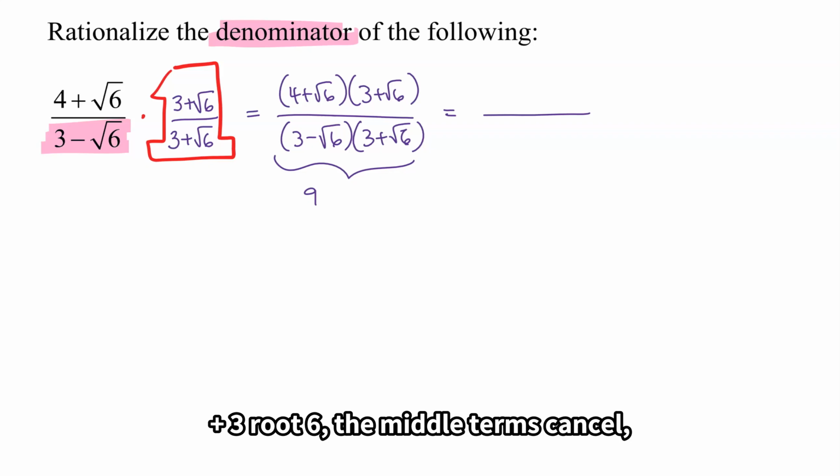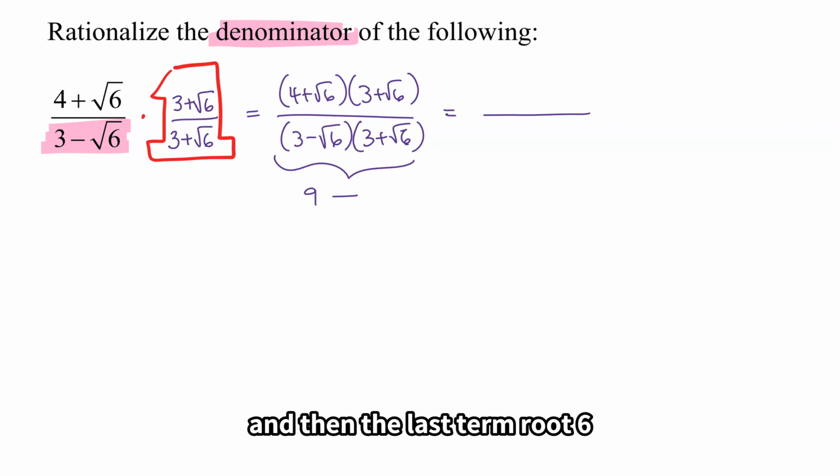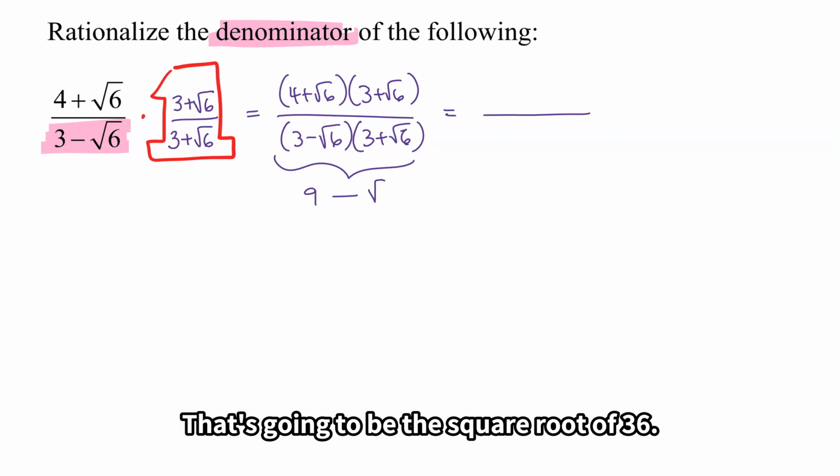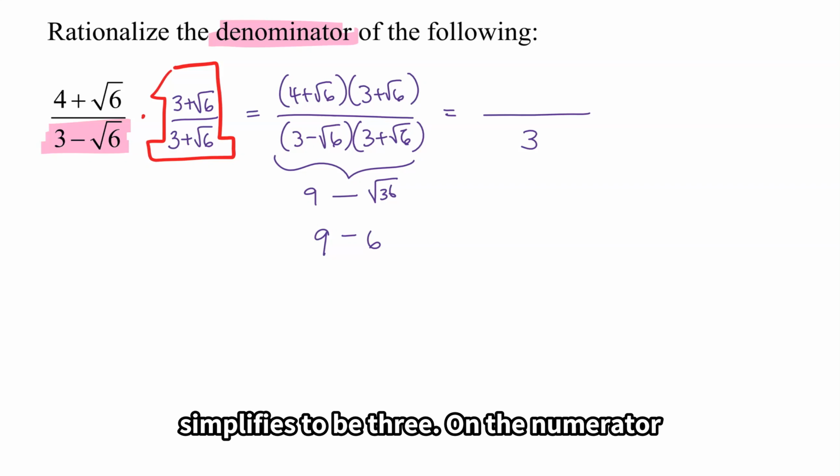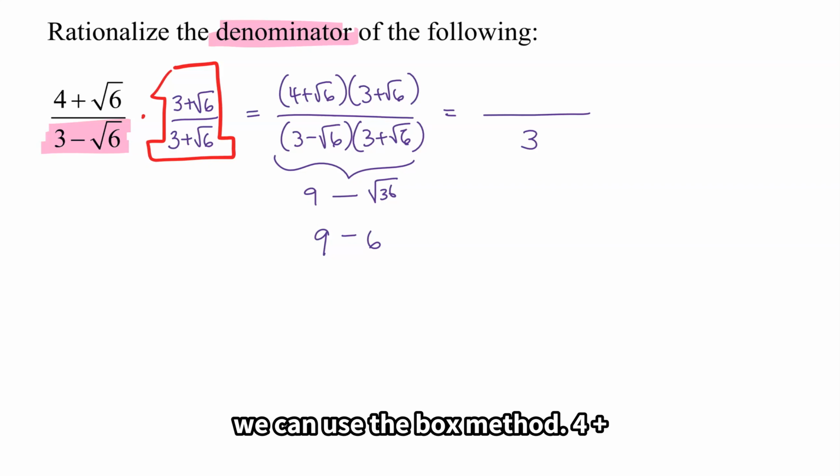The middle terms cancel. And then the last term, root 6 times root 6. That's going to be the square root of 36, which is also just 6. And 9 minus 6 is 3. So the whole denominator simplifies to be 3.